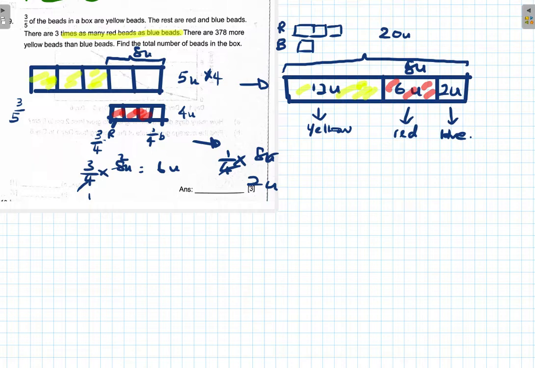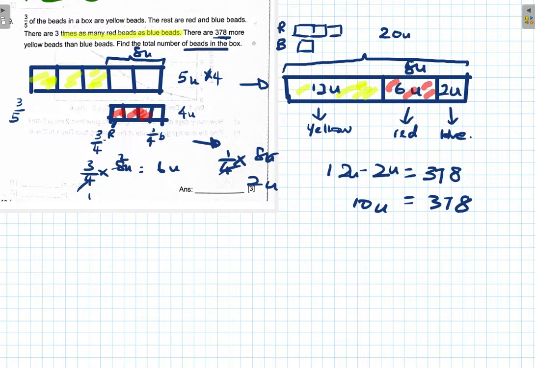So it says that there are 378 more yellow beads than blue beads. Yellow than blue. So 12 minus 2 unit, right, equals 378. So you know that 10 units will be equal to 378. So it's asking you to find the total number of beads in the box.